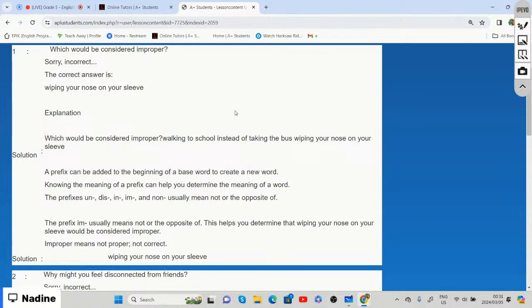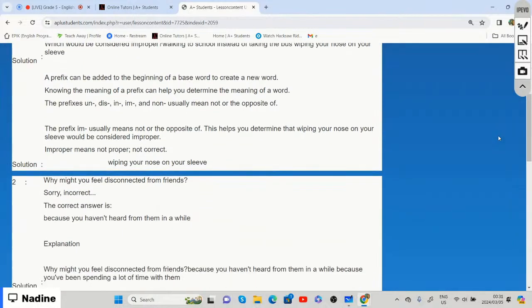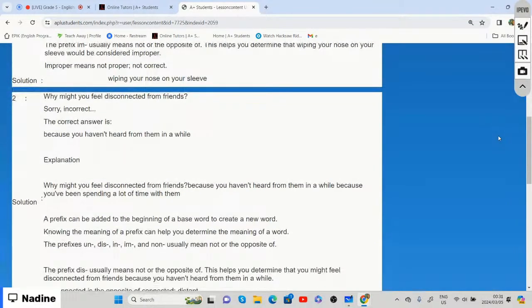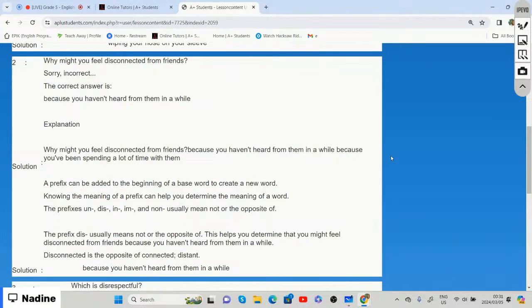Not deciding to walk when you're supposed to be taking the bus, wiping your nose on your sleeve, that is improper. All right.